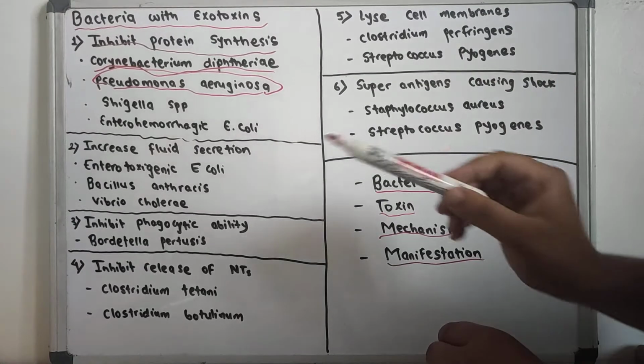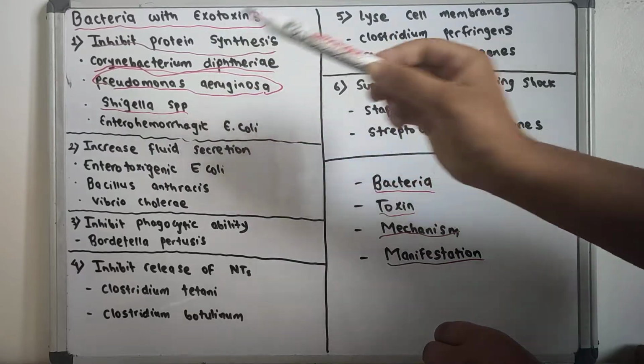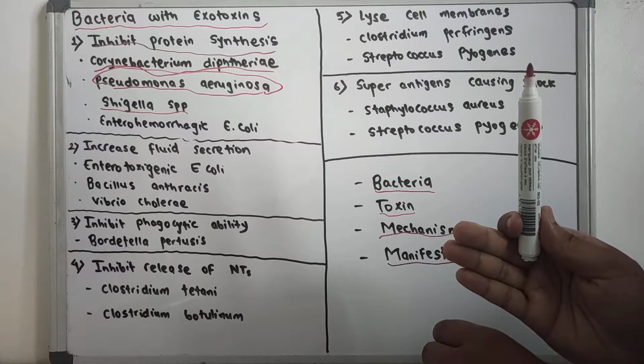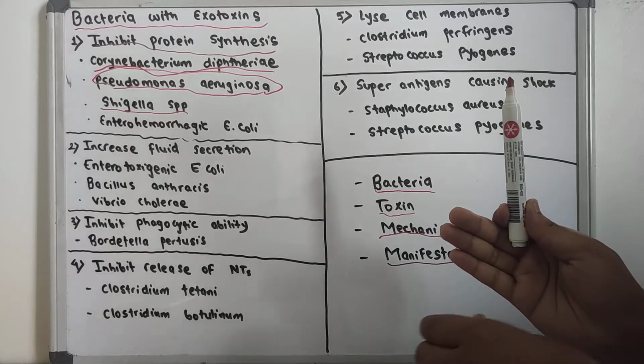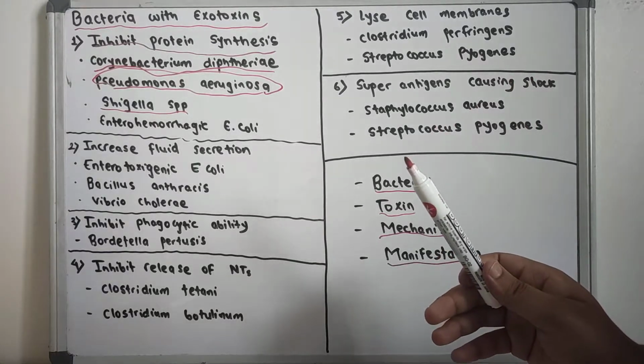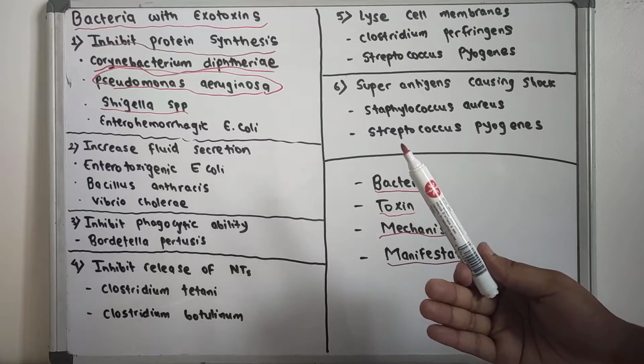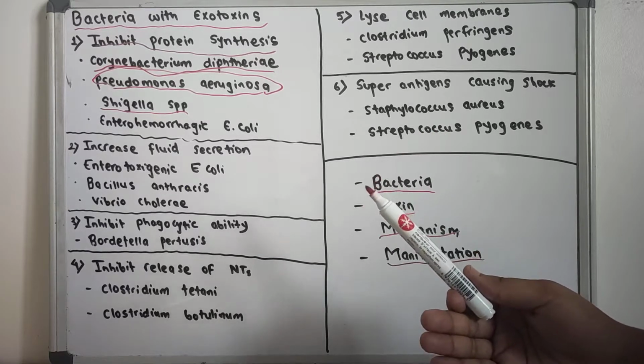Now let us talk about the Shigella species. The Shigella species secretes the Shiga toxin. By secreting the Shiga toxin, it acts by inactivating the 60S ribosome by removing the adenine from the ribosomal RNA.